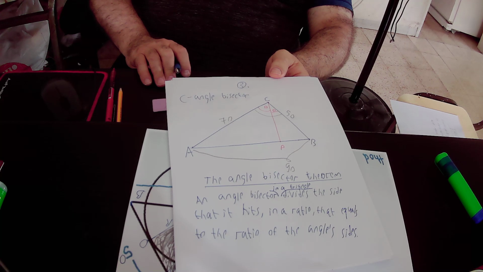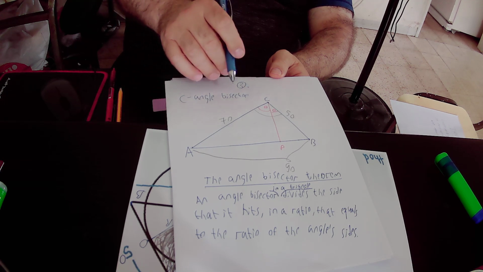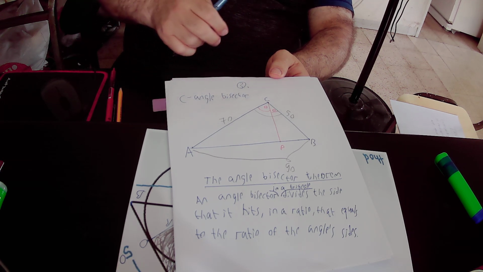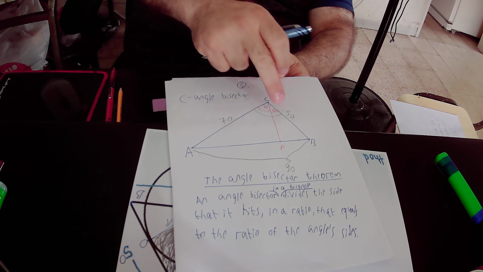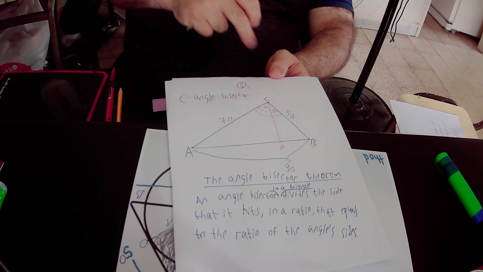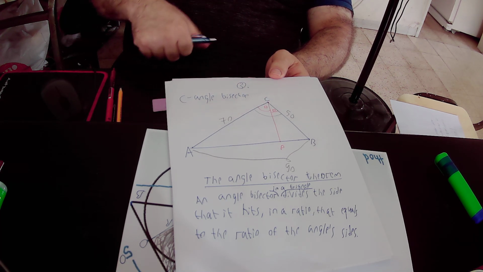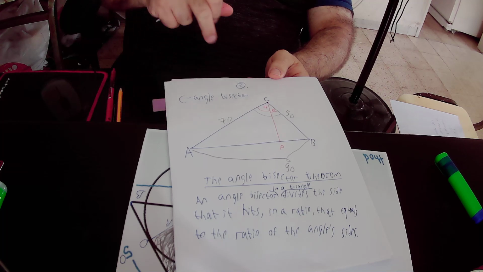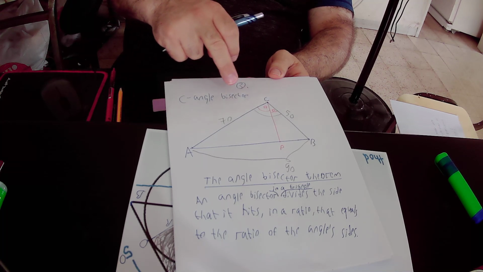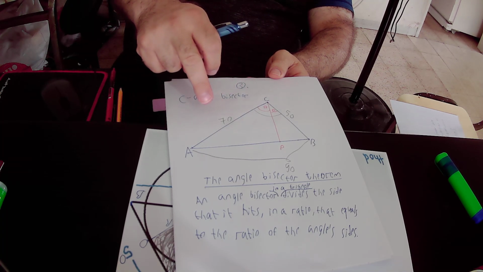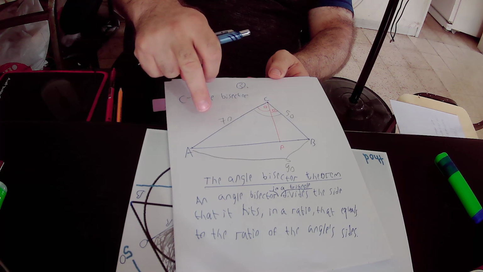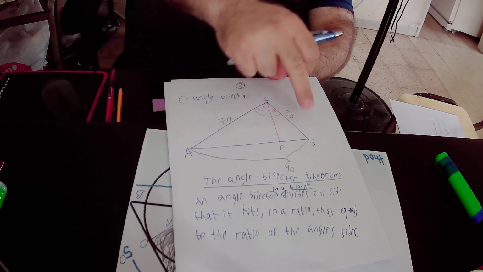An angle bisector, in our specific example, CP is defined as angle bisector in a triangle. In our specific example, we relate to triangle ABC.